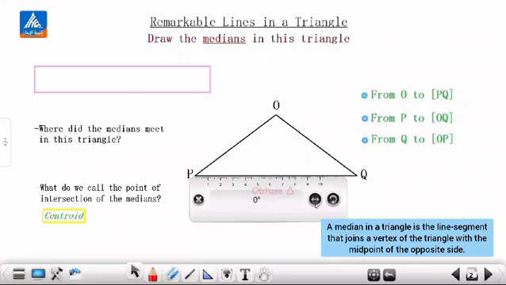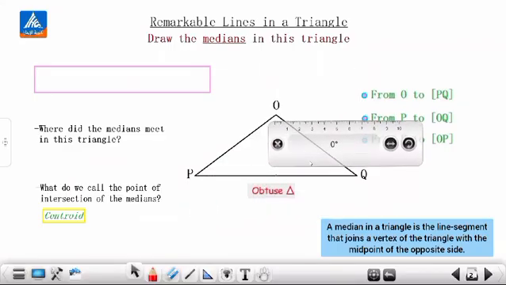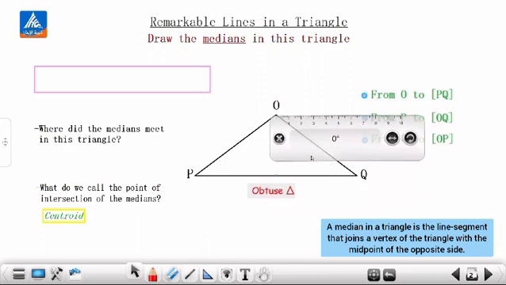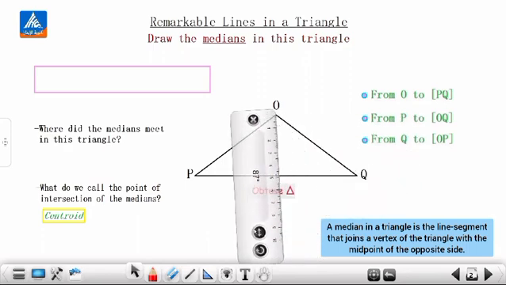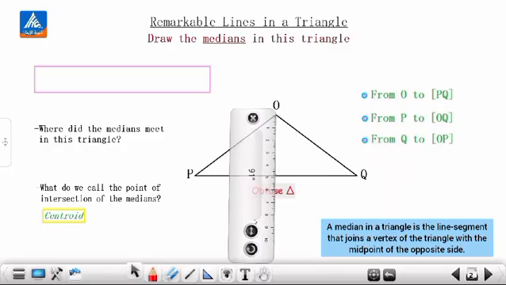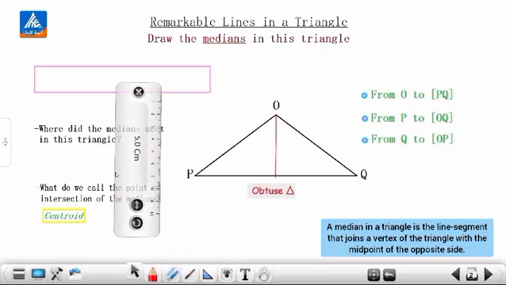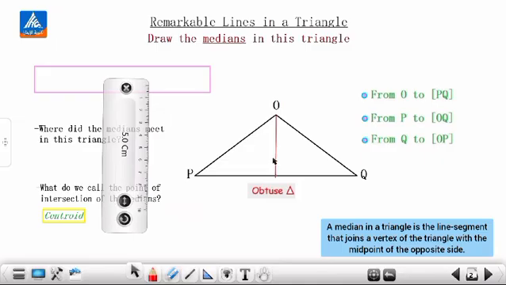Now, with the centimeter ruler, join vertex O and the midpoint of PQ. This is median 1.